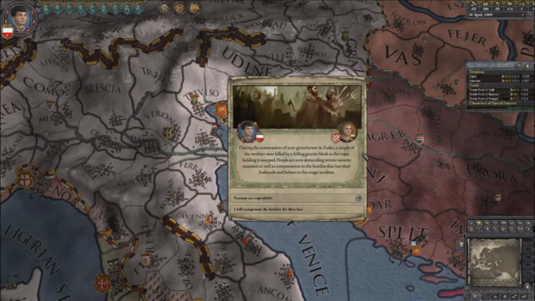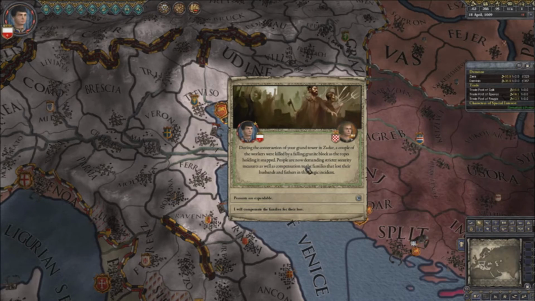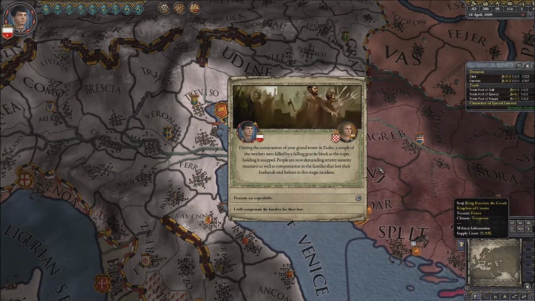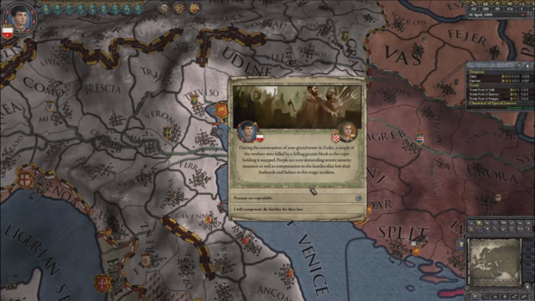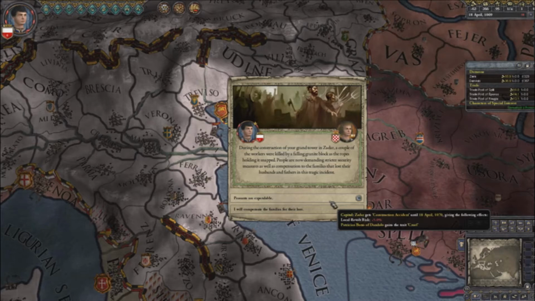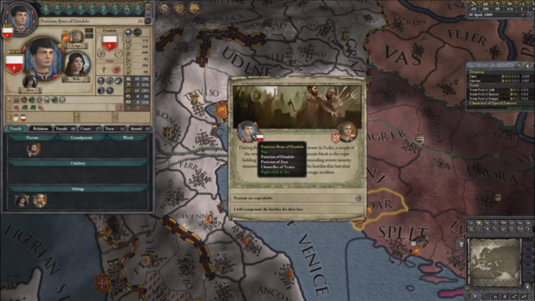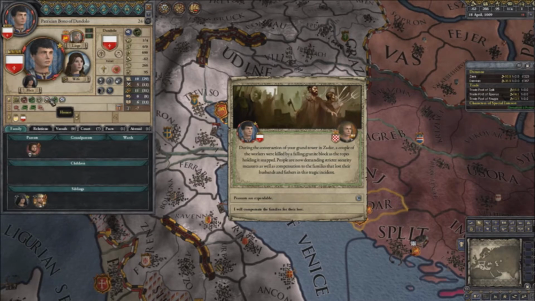During the construction, a couple of the workers were killed by a falling granite block as the ropes holding it snapped. People are demanding stricter security measures as well as compensation to the families that lost their husbands and fathers. Let's see, what would we do? Gregarious.